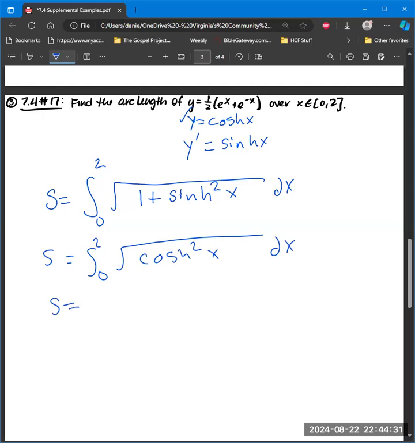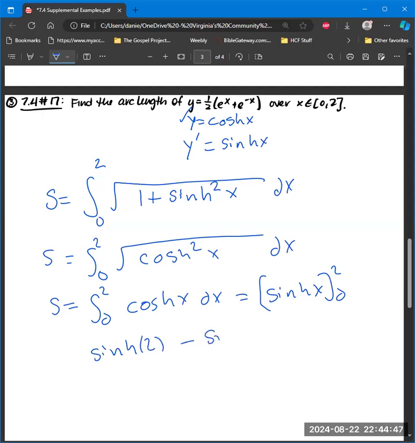So s is equal to the integral from 0 to 2 of hyperbolic cosine, which is hyperbolic sine from 0 to 2. So that's hyperbolic sine of 2 minus hyperbolic sine of 0. So stick that into your calculator, and that's about 3.627.